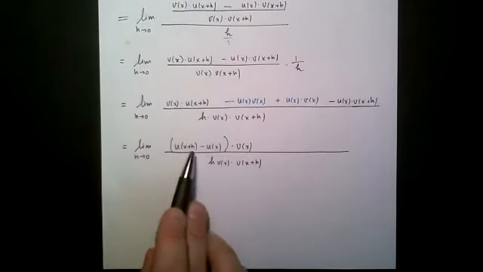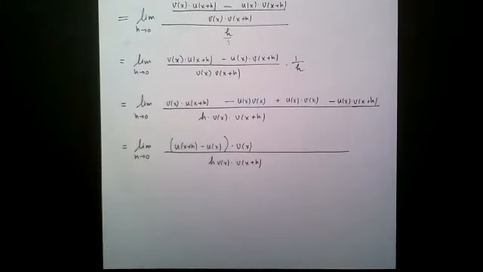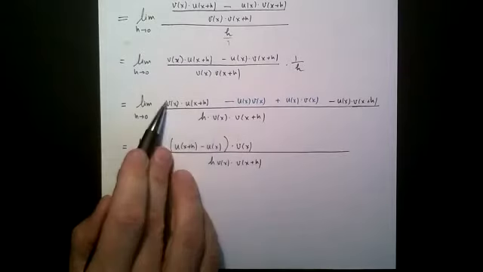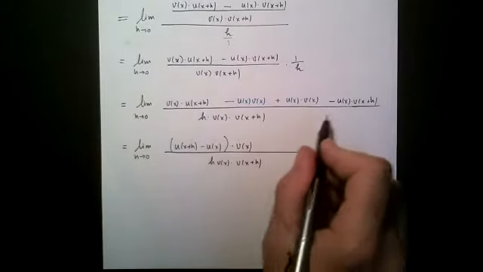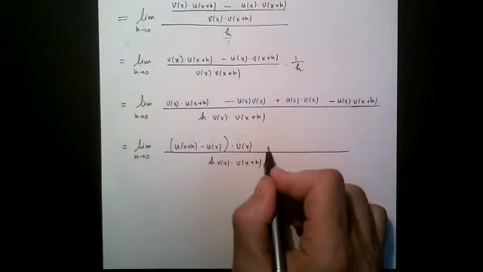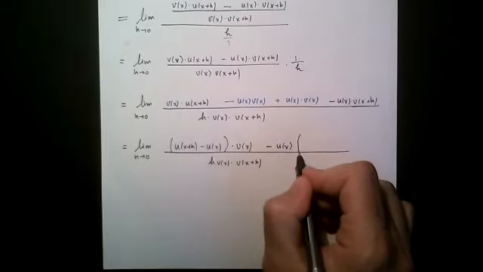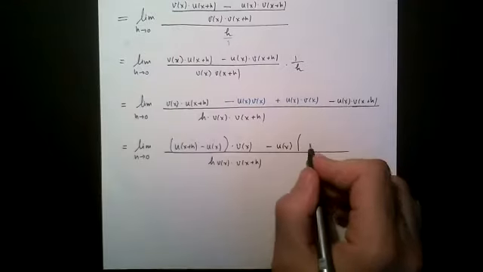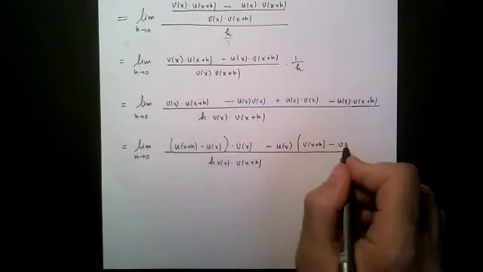This is exactly the same as the top, because if you remultiply, you will get back to what we had on top. And in these last two terms, I'm going to extract a negative u of x, so this becomes v of x plus h minus v of x.